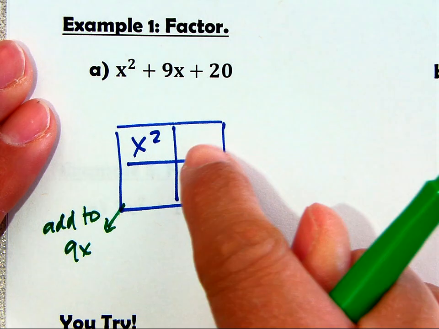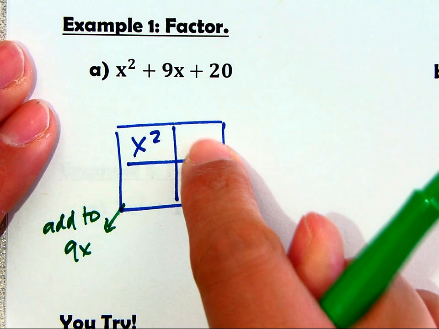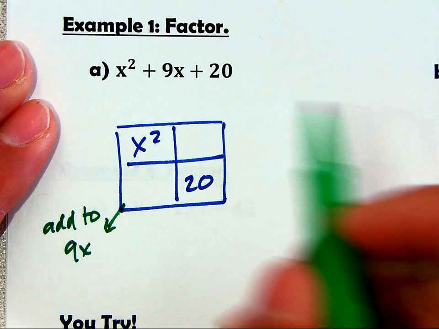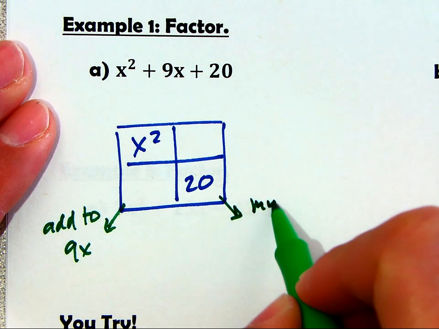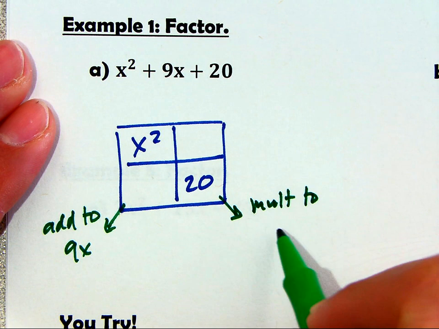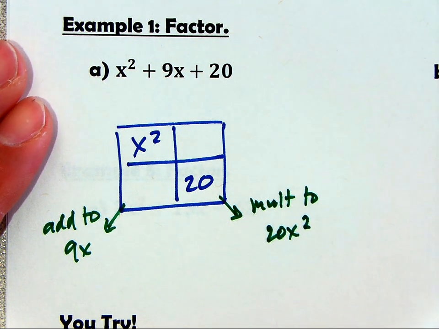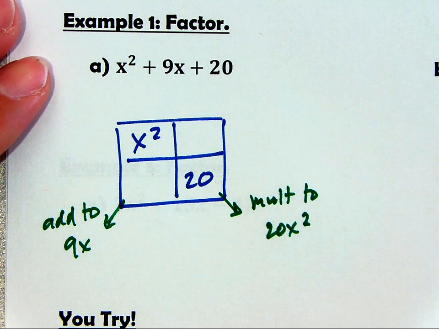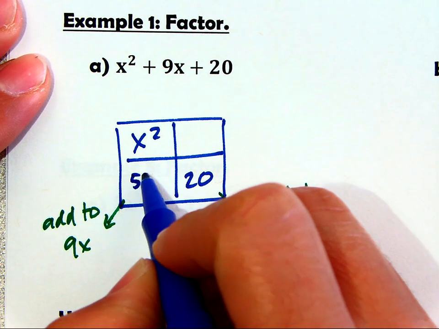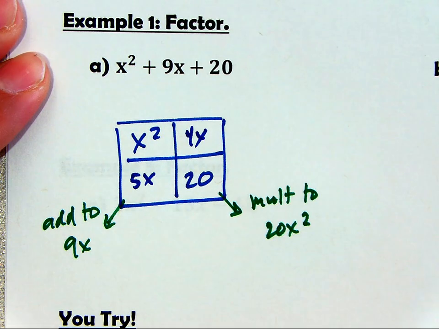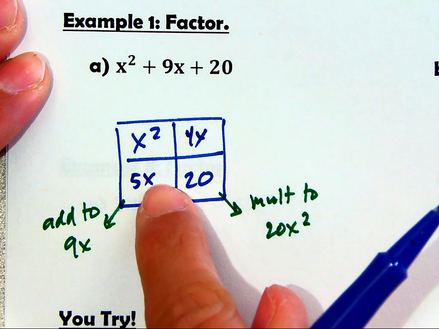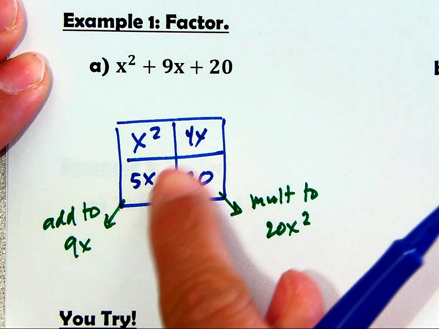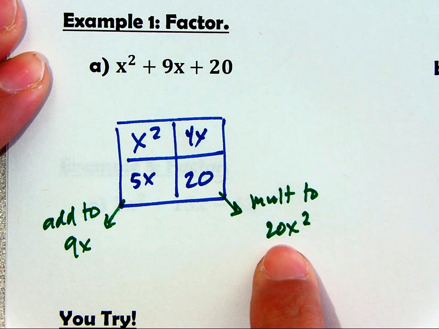Clue number 2 is that these 2 terms have to form the same product as these 2 terms. In other words, it has to multiply to make 20x squared. You can do some mental math, or use a scratch piece of paper, and guess and check. But in the end, you should find that the 2 missing terms are 5x and 4x. Those add up to 9x, and if you multiply those, you get 20x squared.